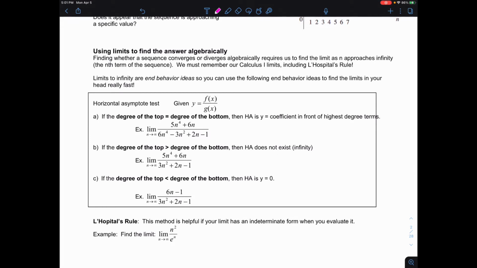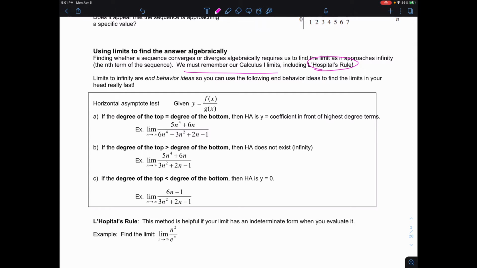So looking at some stuff that we've known from previous courses, as in a college algebra class, we can use some limits to find algebraically about what's happening, whether a sequence converges or diverges. We can use L'Hopital's rule from Calc 1. We can use other ideas of limits that we understand from Calc 1.